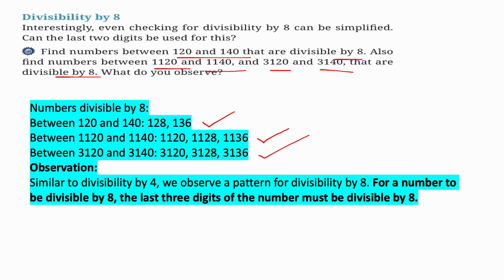What is the observation? Similar to divisibility by 4, we observe a pattern for divisibility by 8. For a number to be divisible by 8, the last 3 digits of the number must be divisible by 8.